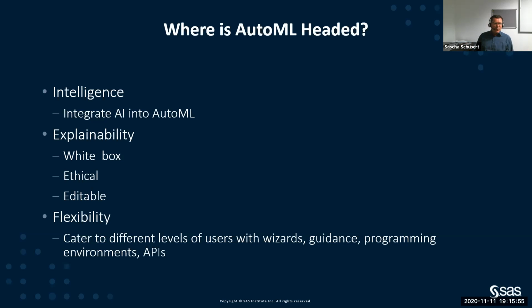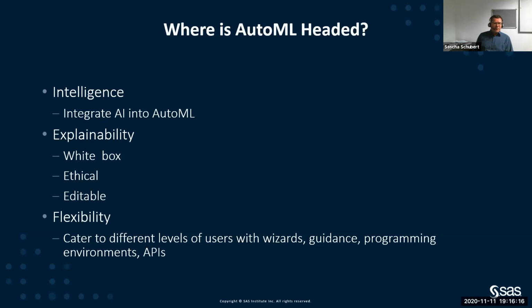I just mentioned explainability. That's very important, to create a white box that everybody can understand. And that's also editable. Not only that your automated machine learning creates a nice model, but also that you'd be able to make it even better by going into the box and turning certain levers.